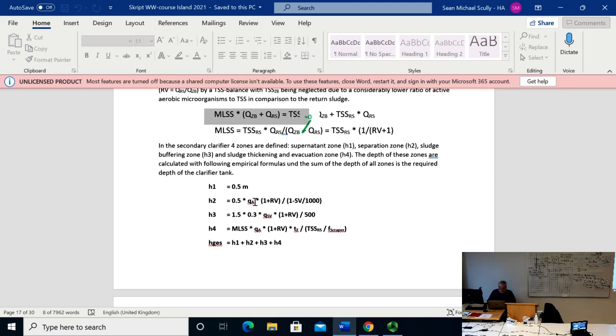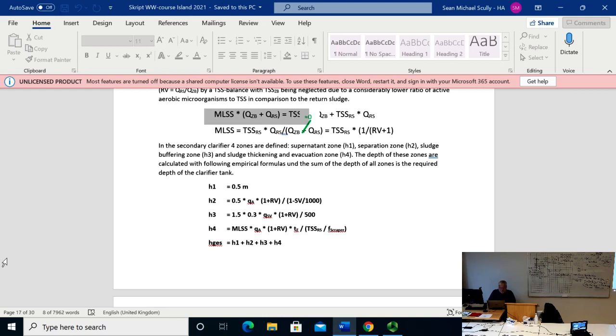Then it's probably by 1.5. Yeah, and then you're close to 1, no? QA is 1 meter per hour. This is anywhere between 1 and, from my experience, between 1 and 1.6. That depends on what your return sludge ratio and all this kind of stuff is.